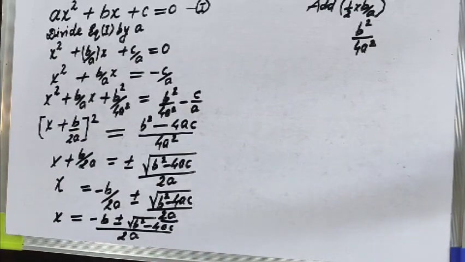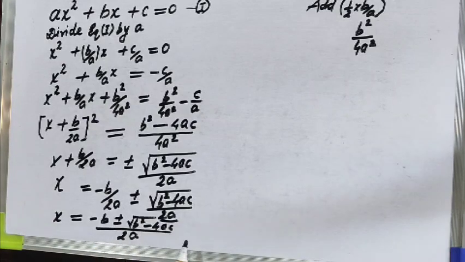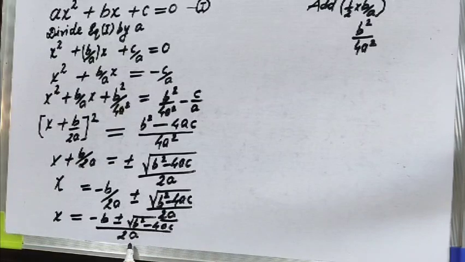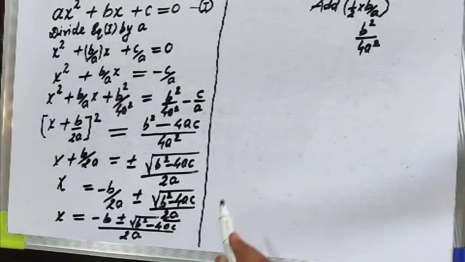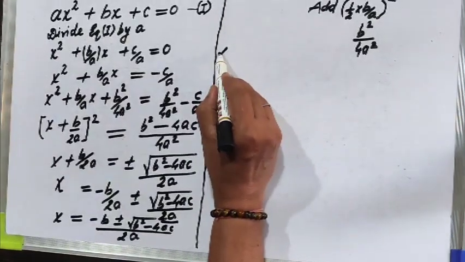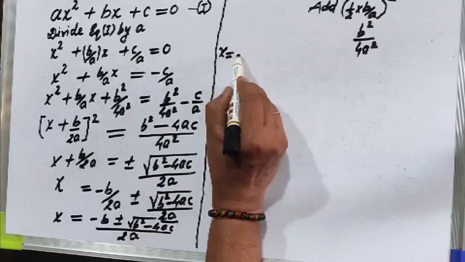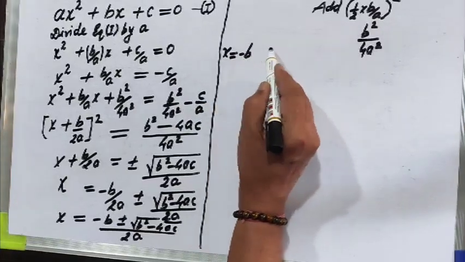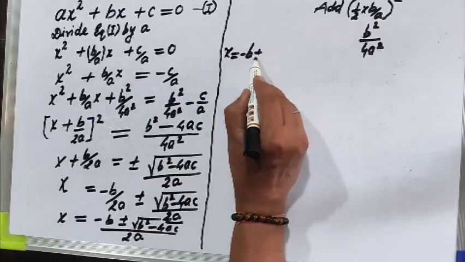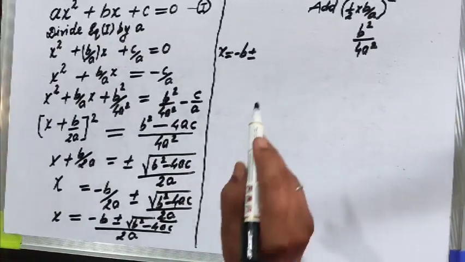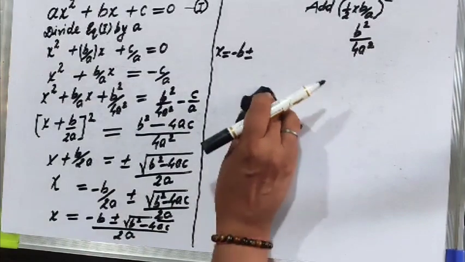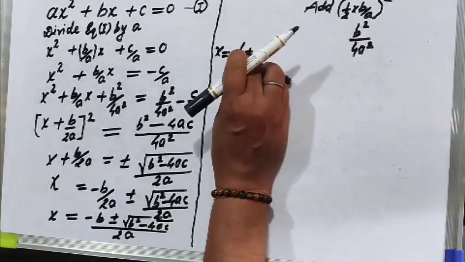Now what you notice here is that x is equal to minus b plus minus under root of b square minus 4ac upon 2a. Now this you can write, I'm sorry children, you will write one time with the plus sign, one time with the minus sign.